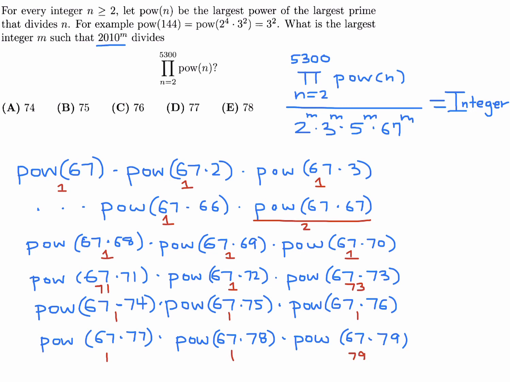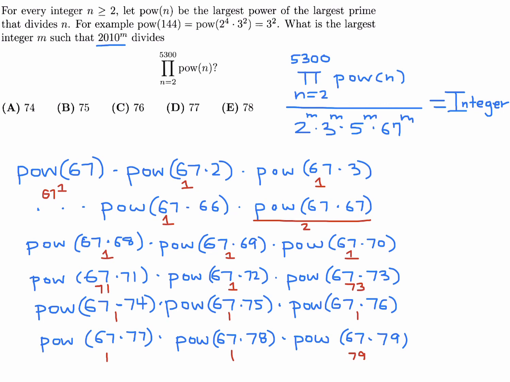Now for all of these, I didn't write the 67, right? It's really 67 to the power of 1. I just wrote the exponent. So our task now is to add up all of the exponents. Okay, no problem. From the very first one up until this one, there's 66, correct?